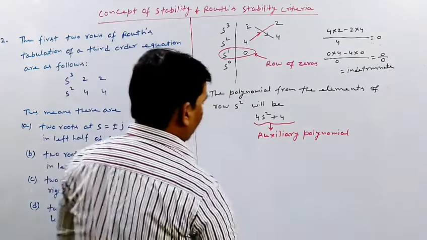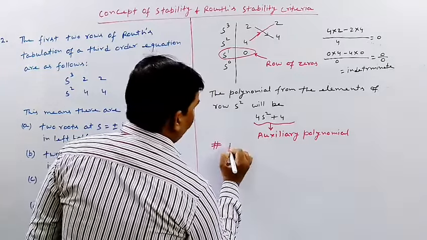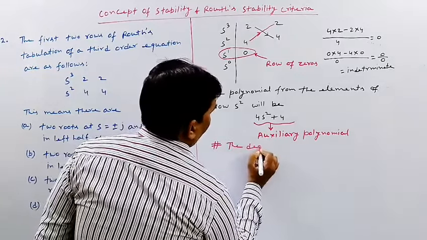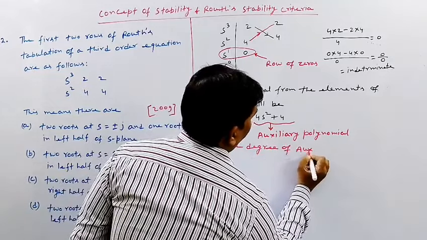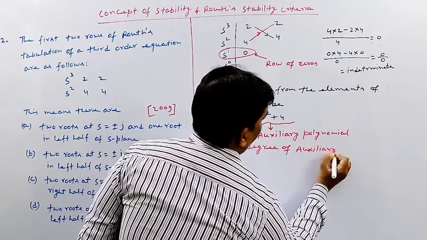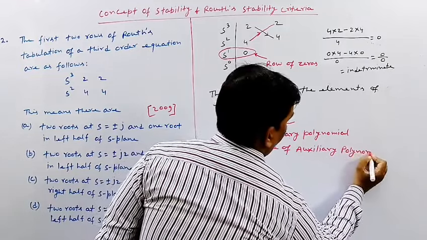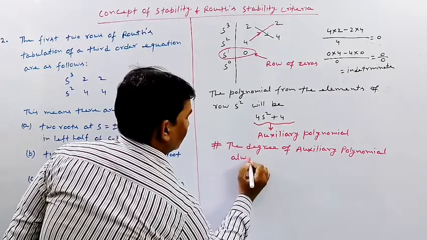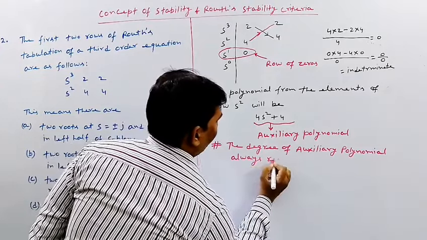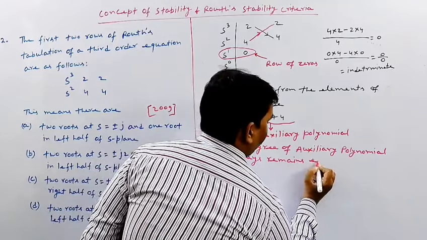This is the property of the auxiliary polynomial, that the degree of the auxiliary polynomial always remains even.